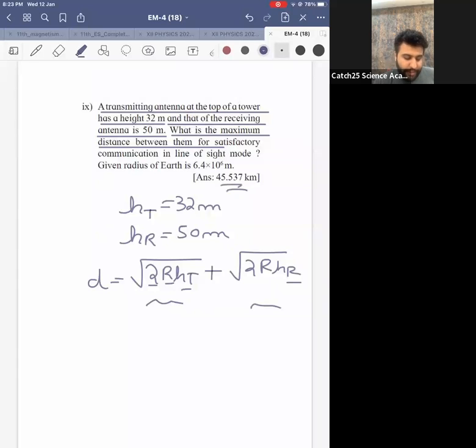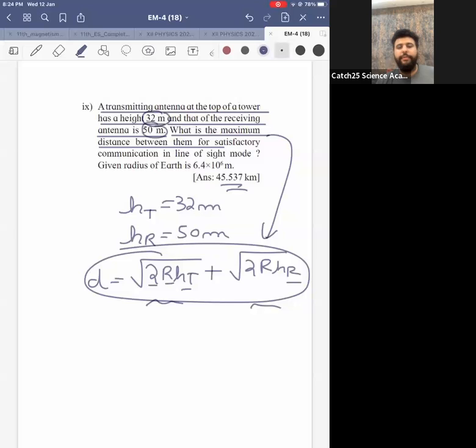They have given the answer in decimal. Try to do it till wherever you can. You will not get such complicated calculation, but at least try till whichever step you can get. Okay, but did you understand this formula? And did you understand that you have to use this formula for this kind of question? Why? Because in this question, two heights are given. That is why.